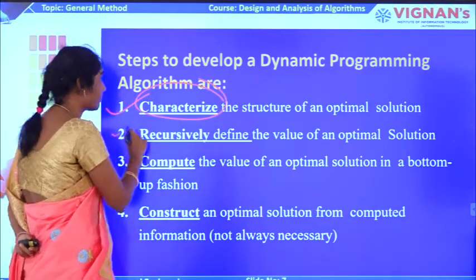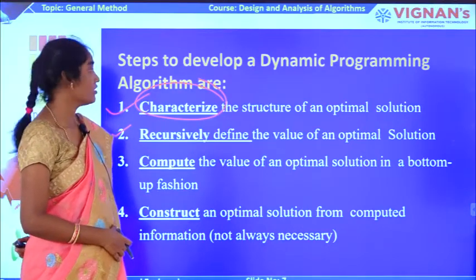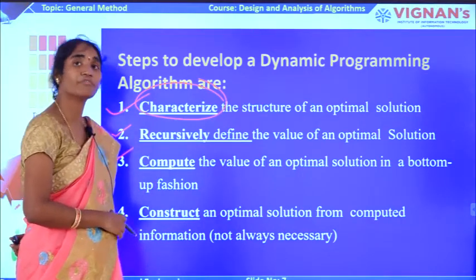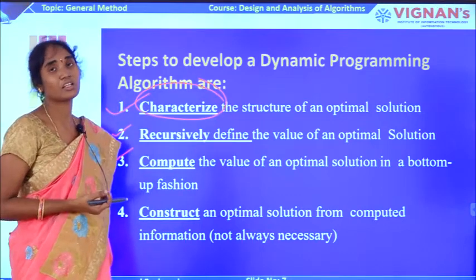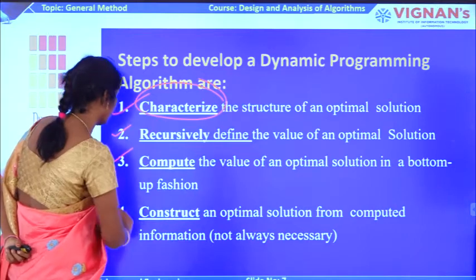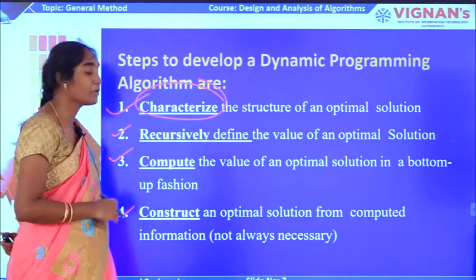The second step is to recursively define the value of an optimal solution. Next is to compute the value of an optimal solution, typically in a bottom-up fashion, and you will get it faster. Now, construct an optimal solution from computed information.